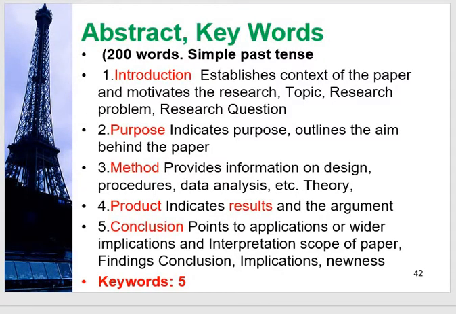Abstract and keywords. An abstract is usually 200 words. It shows the introduction. If I say in simple words, you have written 5 major parts of your research paper, you will just take 2 sentences from each section, which are the summary of that section, and write them.